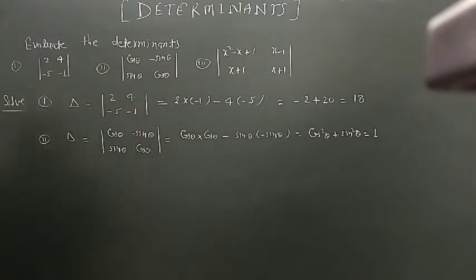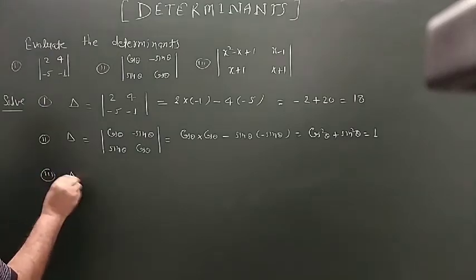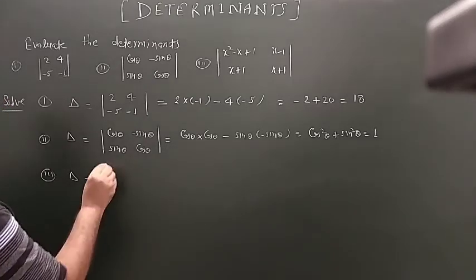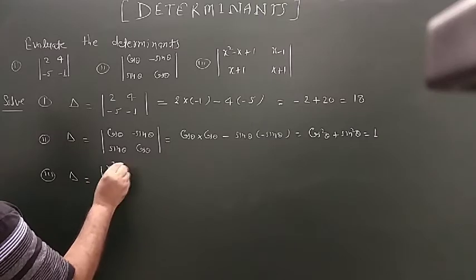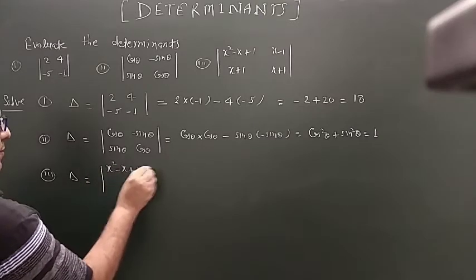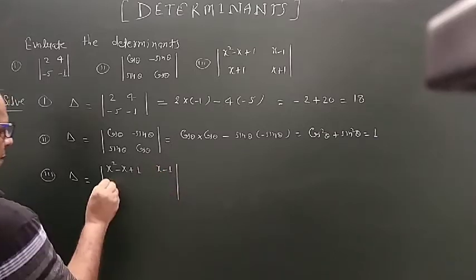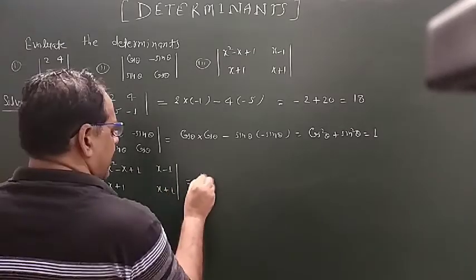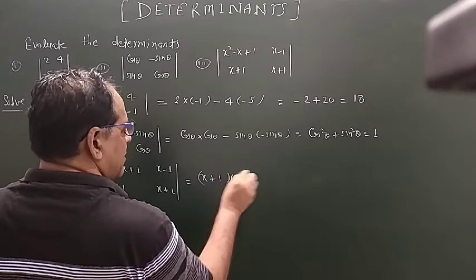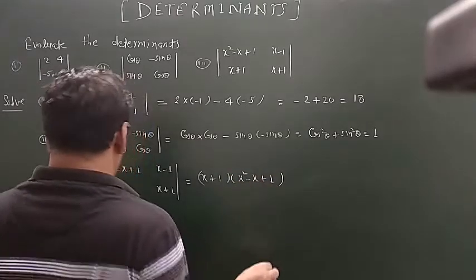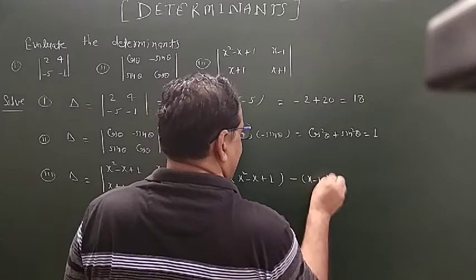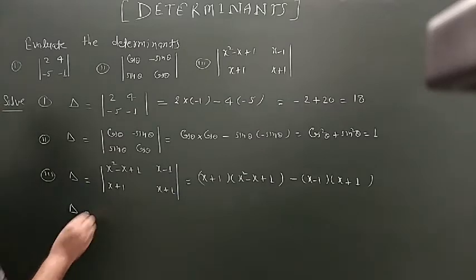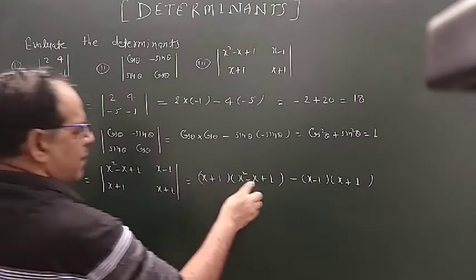The second determinant. And the third, again, del equal to |x square minus x plus 1, x minus 1; x plus 1, x plus 1|. Expand this. So now we have x plus 1 into x square minus x plus 1, minus x minus 1 into x plus 1. We use a plus b into a square minus ab plus b square, equal to a cube plus b cube.